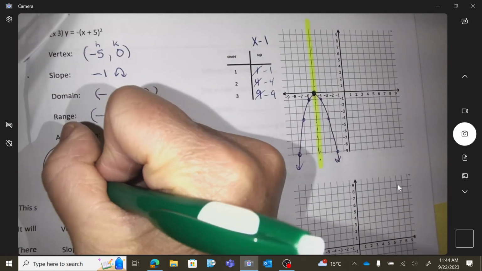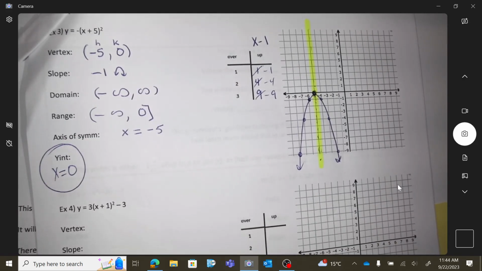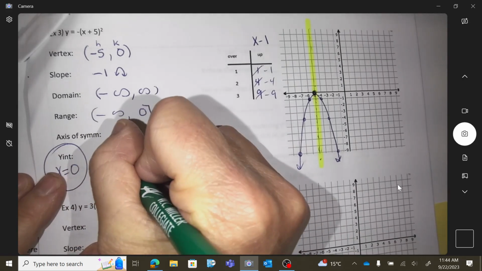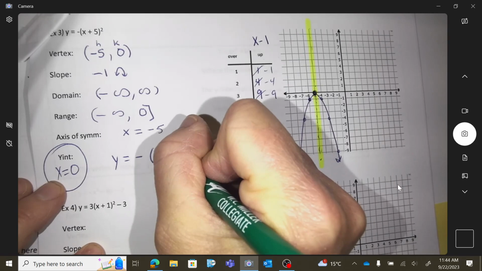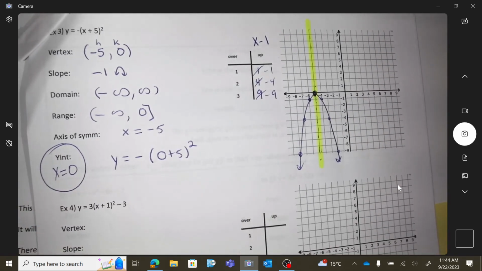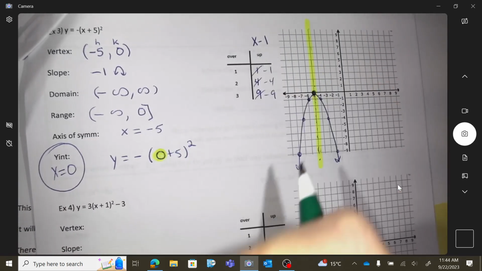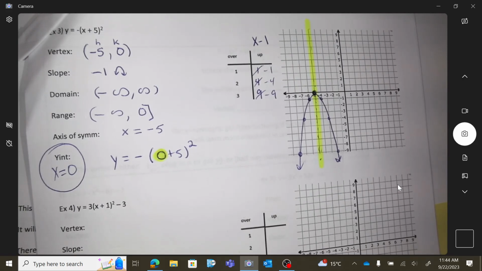And the last one, y-intercept. So what I'm doing is I'm going to set x to be 0 to figure out the y-intercept. Okay, let's see your math on this. So think about BEDMAS. You got to do something and then something.